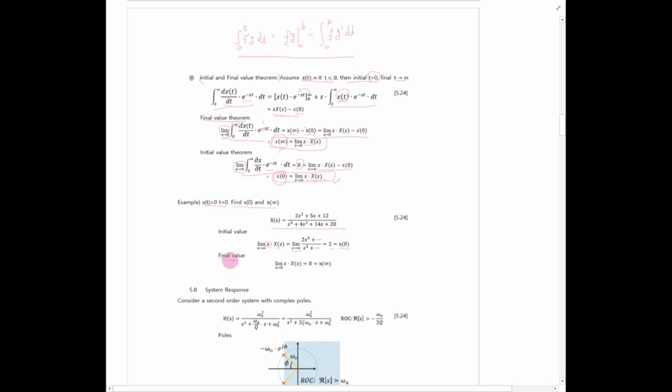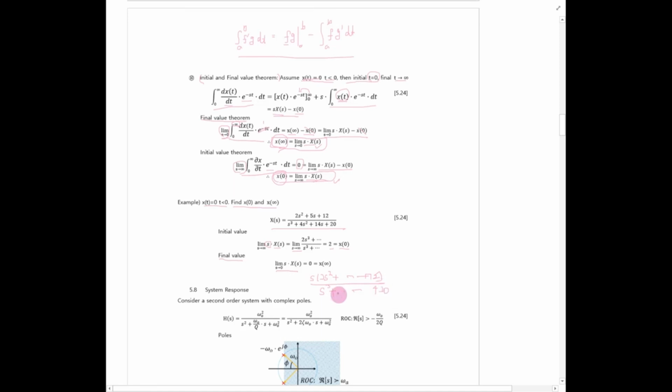What about when time goes to infinity? x(t) will approach a certain value. To find that, we need to use this approach. Multiply by s over here, then take s going to 0. Then we have 2s squared plus 12, over s cubed, and something like that, and 20.